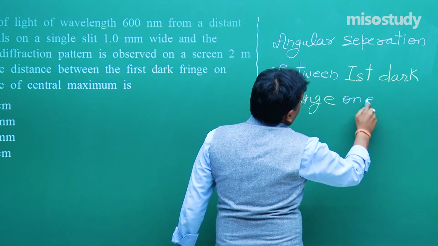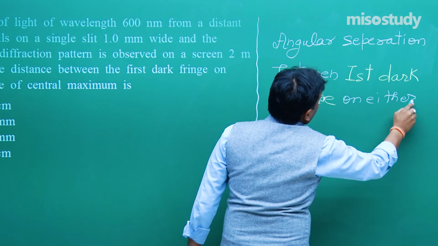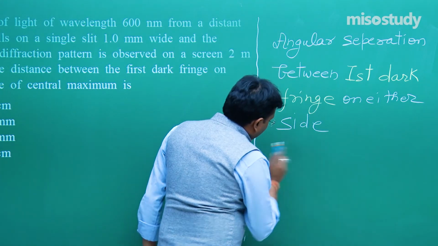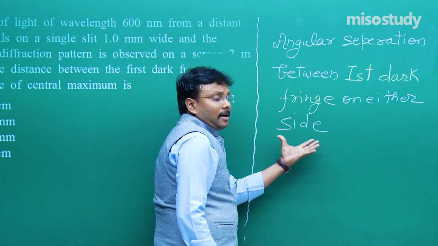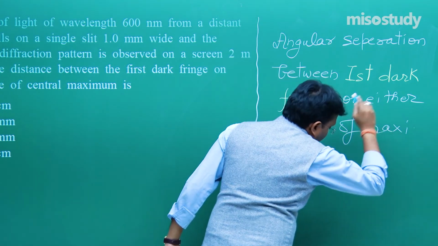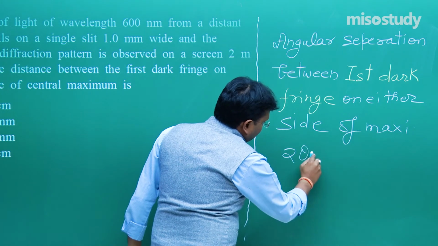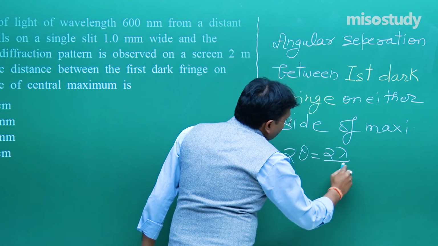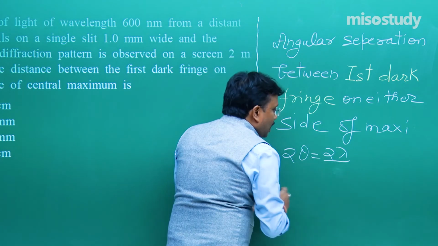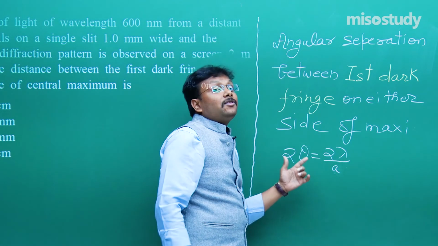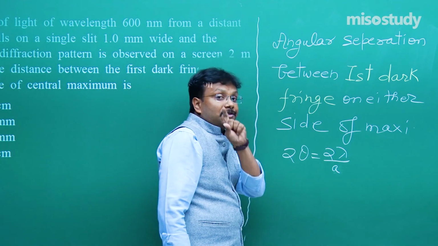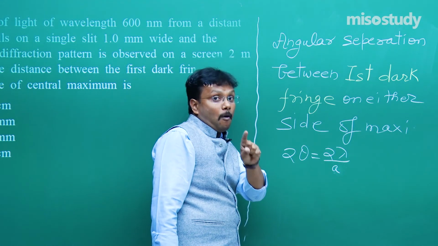It is 2 theta equal to 2 lambda upon a. Basically, this formula I used in the previous video also. So you can say it is a repetition of that concept, just to emphasize that the important aspect is remembering the formula.